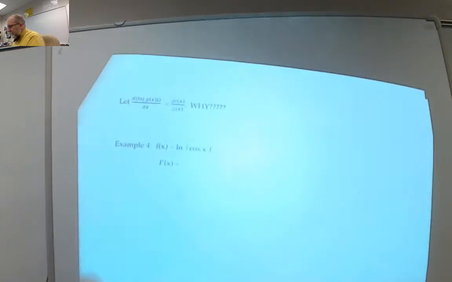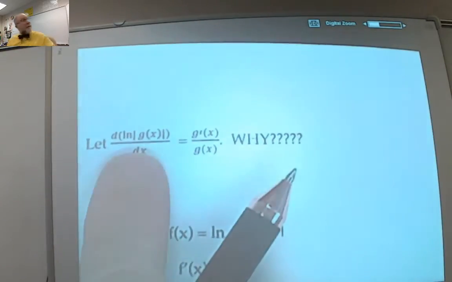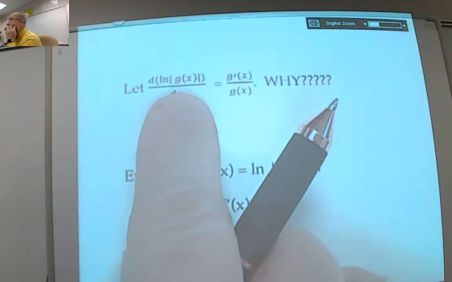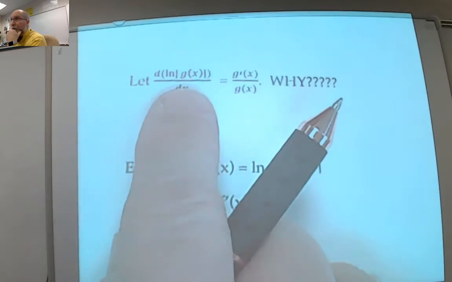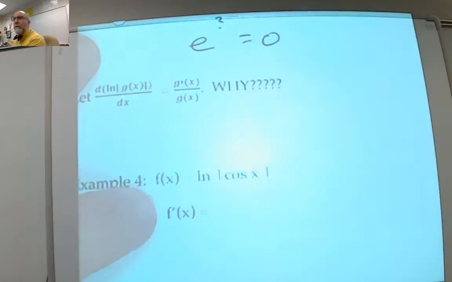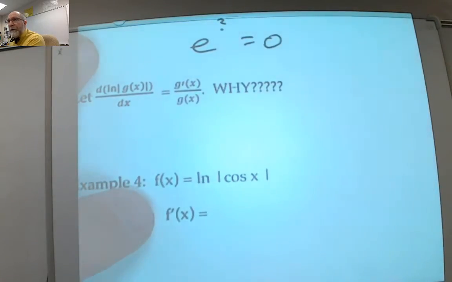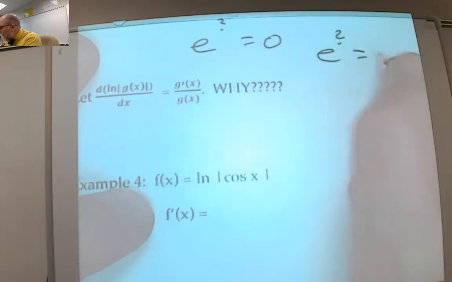Backside. Now, a couple of things. See this absolute value around g of x? Sometimes your functions can give you negative numbers. You're never allowed to put 0 or a negative number into a logarithm because it doesn't make sense. E to what number gives you 0? There isn't one, is there? E to what number gives you a negative 1?